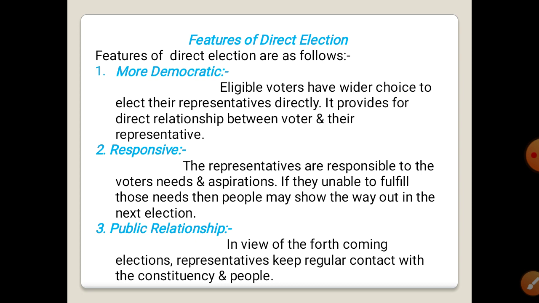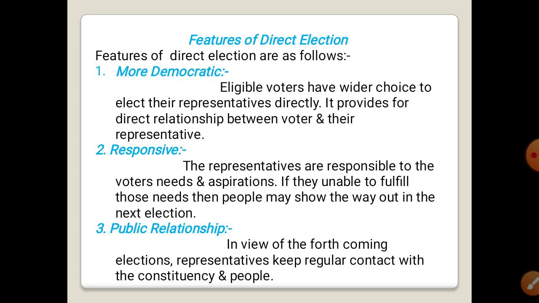It provides a direct relationship between voters and their representatives. Voters and representatives are directly connected. They will have sessions, discuss problems and get solutions. So this is an important feature, that it is more democratic.